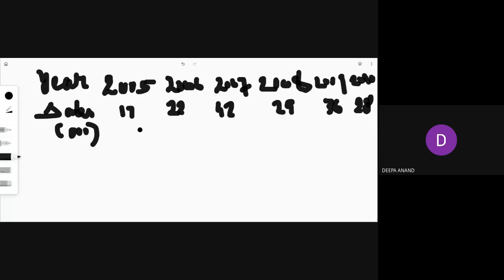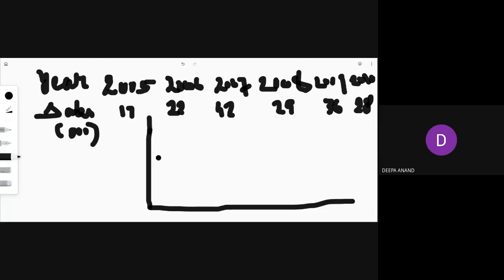So start making it. On the y-axis you will show all the sales, and on the x-axis the different periods of time: 5, 6, 7, 8, 9, 10.